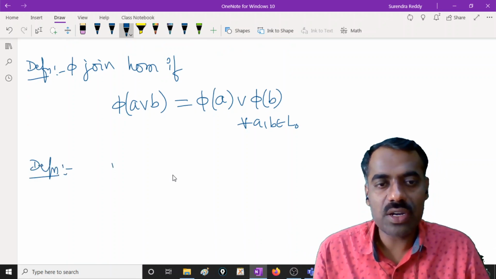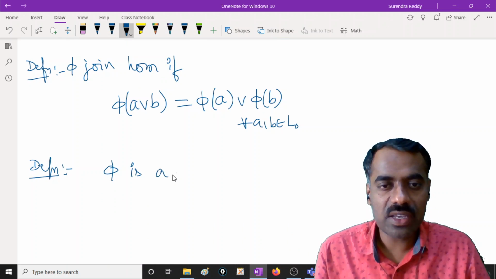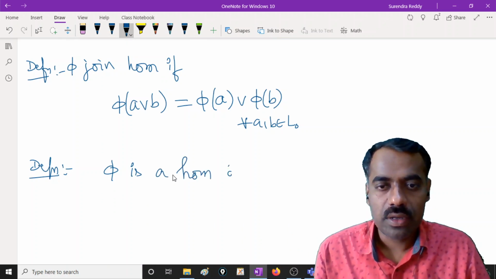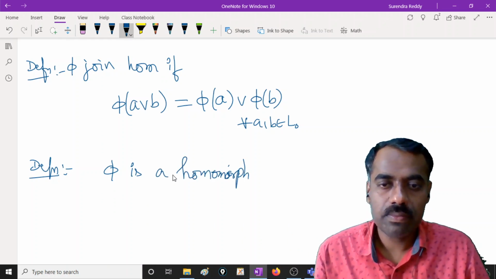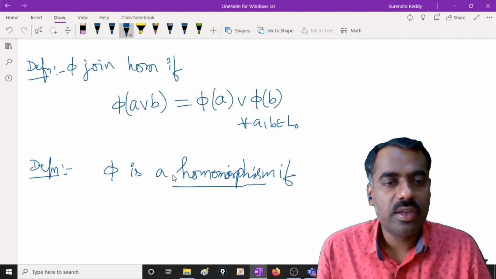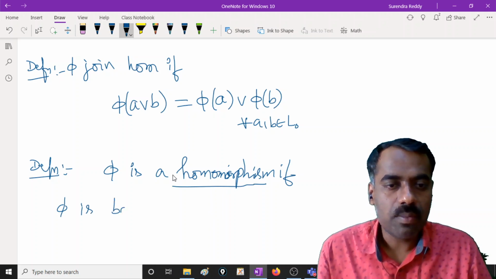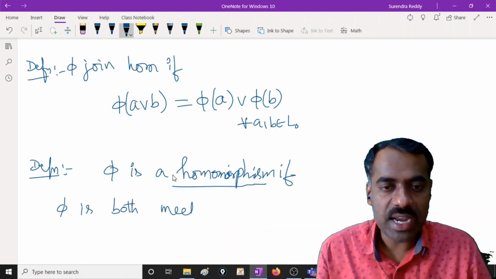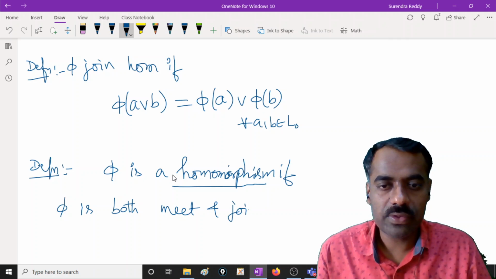And if both conditions are true, then we say that phi is a homomorphism if phi is both a meet and join homomorphism.